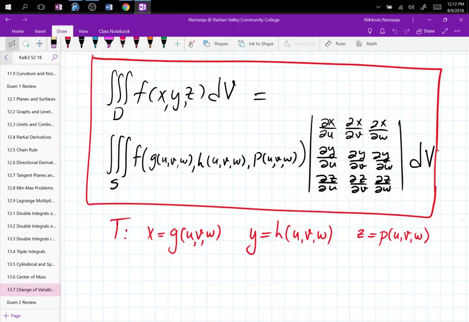Now, to transform the region in 3D, you take each plane, plug in your substitutions, work through a whole bunch of algebra, and then you have your transformation six pages later. Then you do the same thing: you do the Jacobian, and then you replace each x, y, and z with what these are.